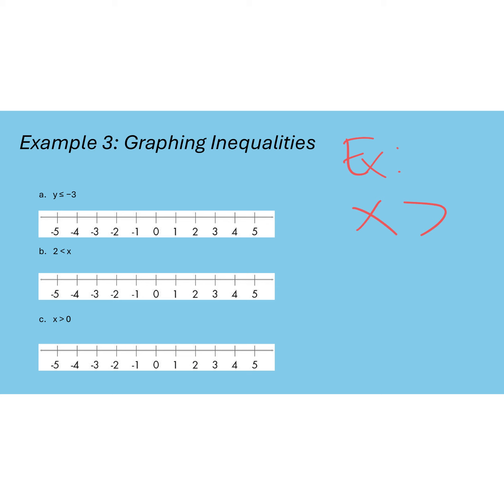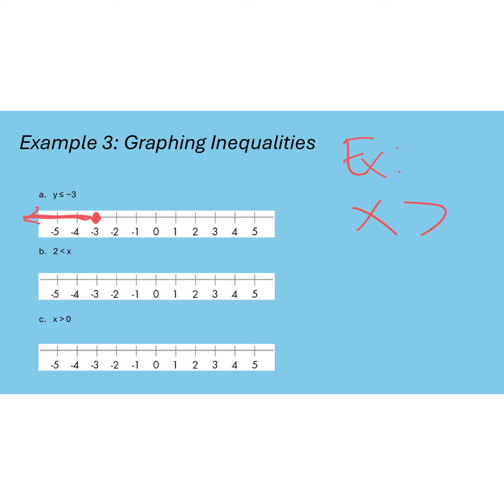So let's say it is number A. It tells me y is less than or equal to -3. Is it open or closed? It's closed, right? And which way am I going? To the right or to the left? To the left.